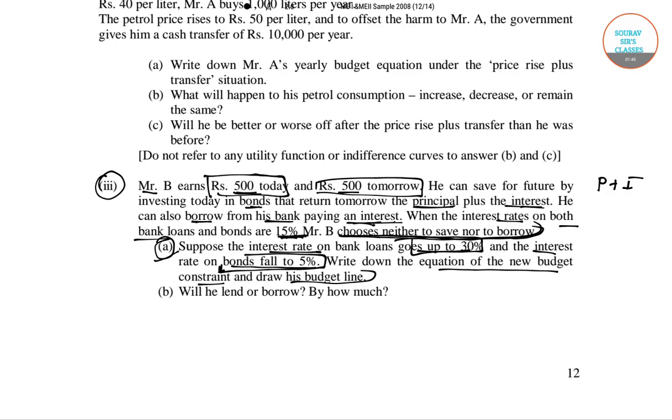We'll consider the old budget set as capital B, which will be C2 equals 500 plus 1.15 times (500 minus C1).